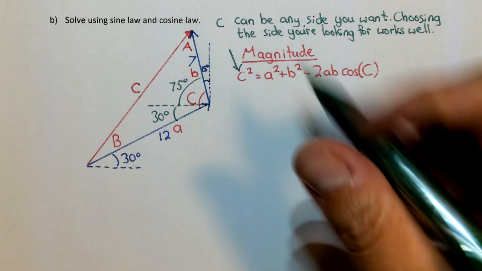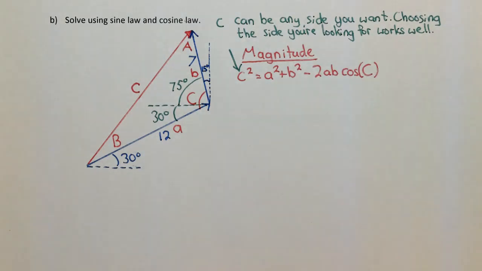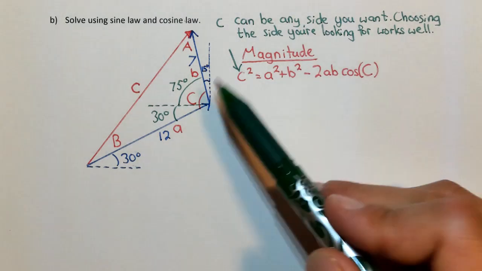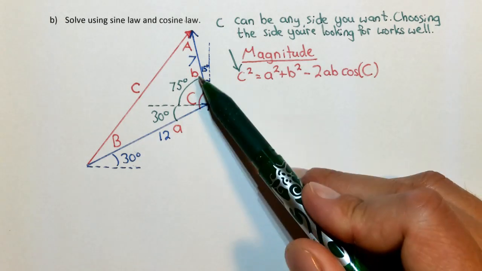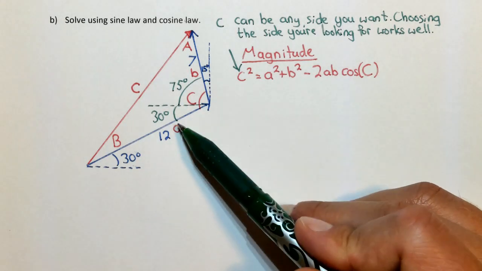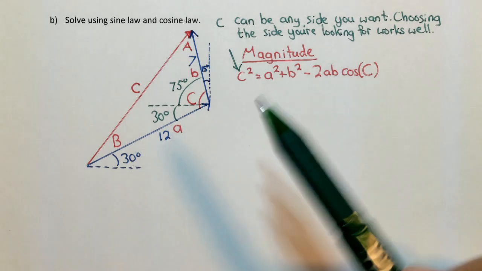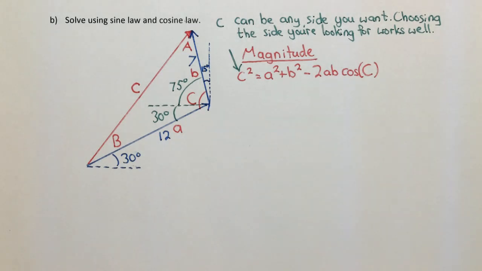So angle C, which goes from here to here, incorporates this 75 and this 30, so that's going to be a total of 105 degrees. All right, so I can start plugging stuff in to cosine law.